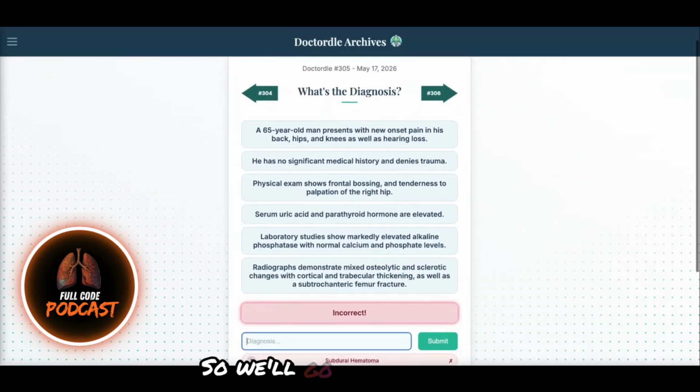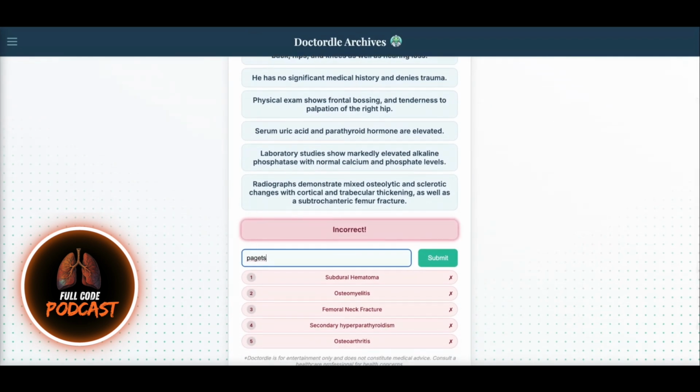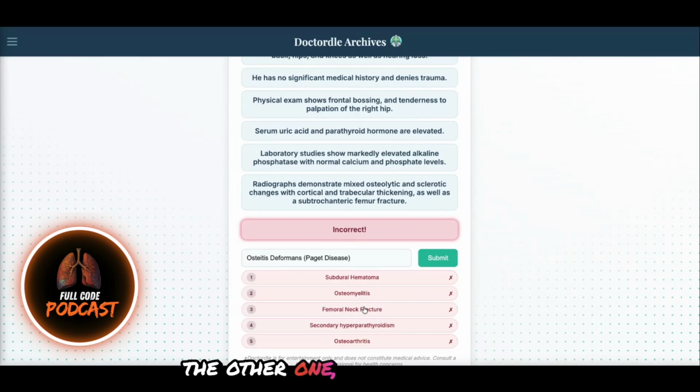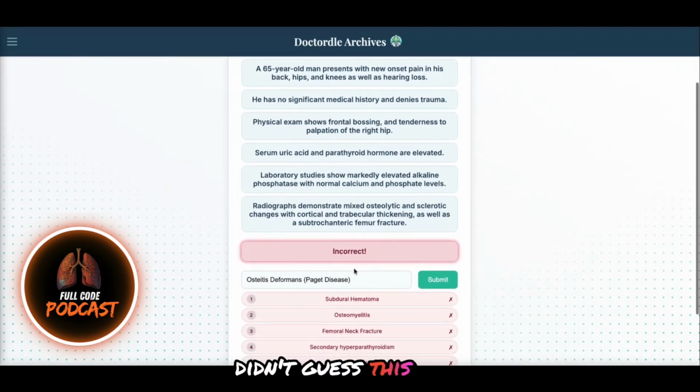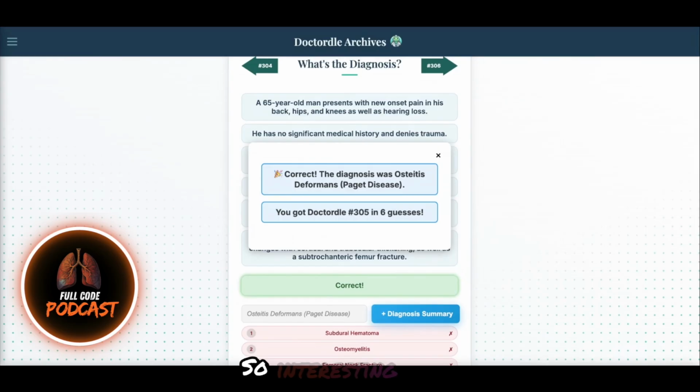So we'll go with the final diagnosis, which is Paget's. Paget, osteitis deformans. It's funny that it said I guessed the other one, but didn't guess this one. Submit. That is correct. So, interesting case.